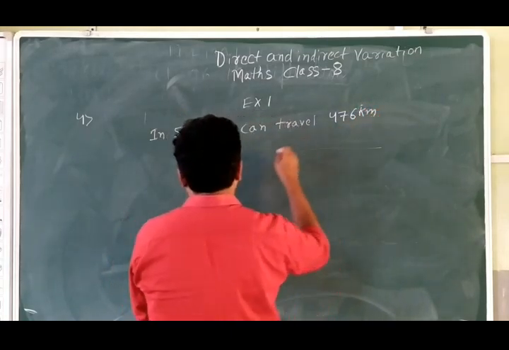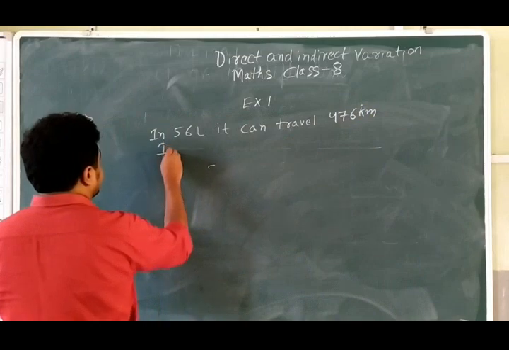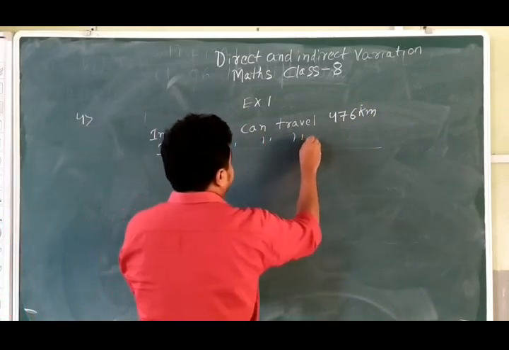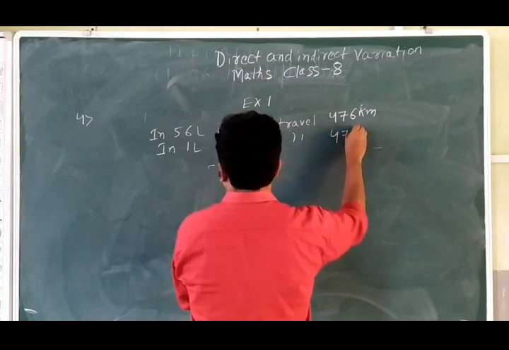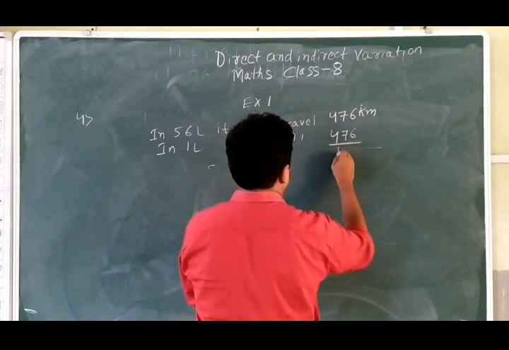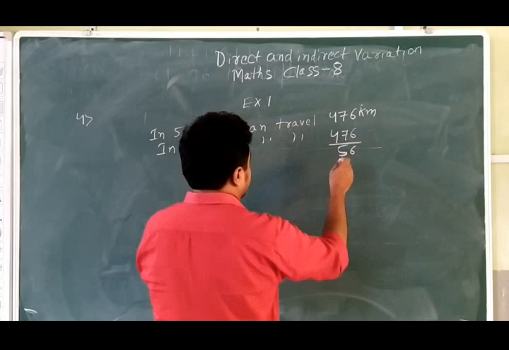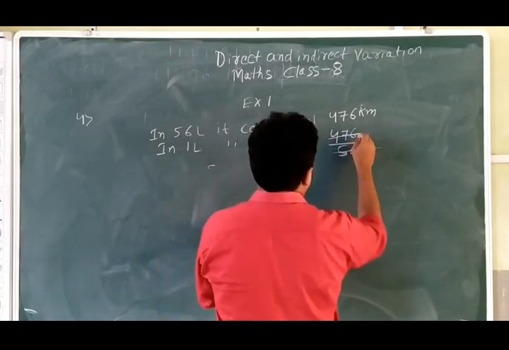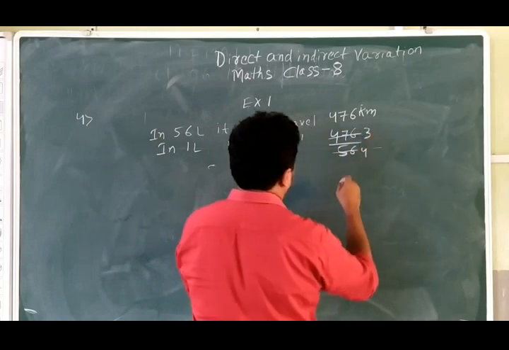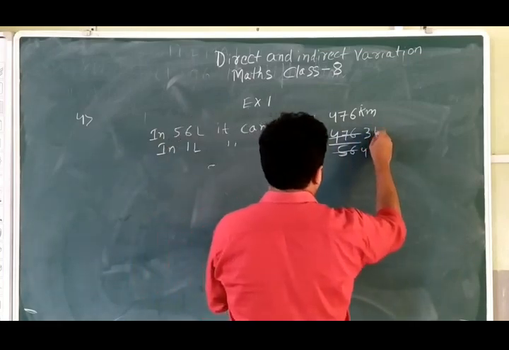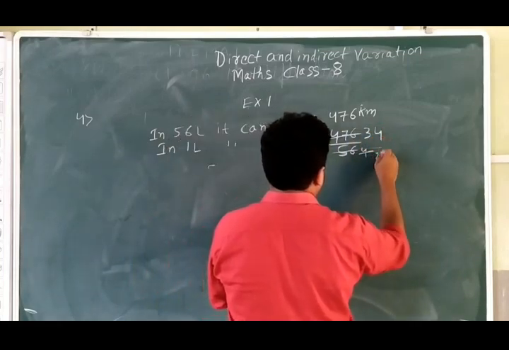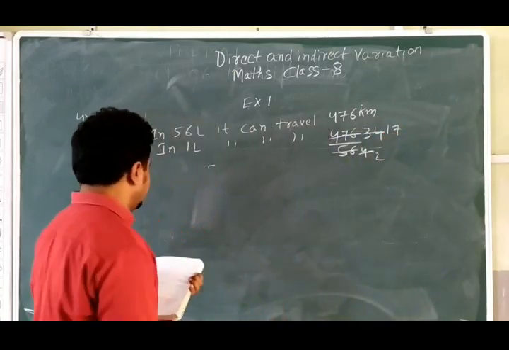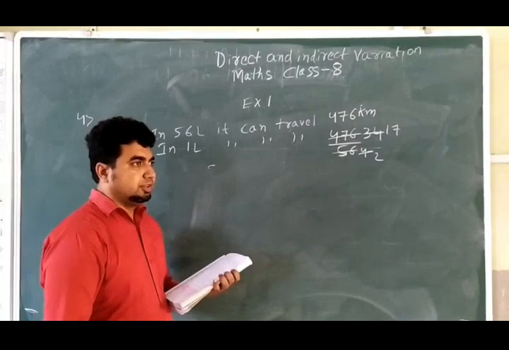Now it is asked, in 1 liter how much can it travel? In 1 liter it can travel is equal to 476 by 56. So we can simplify, and we get 17 by 2, meaning 8.5 kilometers in 1 liter.